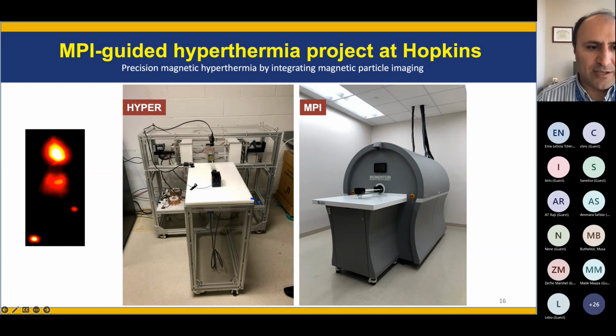Let's say we only need to expose this part or this part, then with the guidance of MPI, we can focus the hyperthermia field only on this hotspot, and all the other hotspots can be excluded from the treatment field. And this is one of the projects that we are doing at Hopkins.